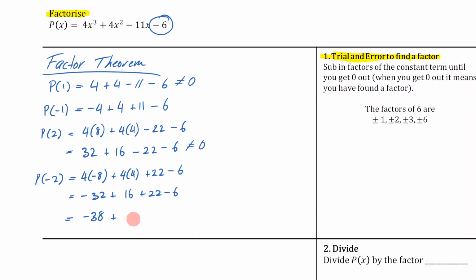And then over here, this will be negative 38 plus 38, because 16 plus 22 is 38. And guess what? That is equal to 0. So that means, therefore, when x is equal to negative 2, the result is 0.